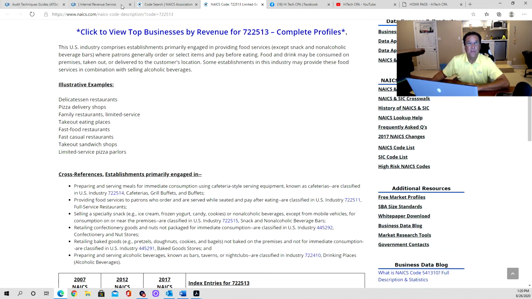Okay, hope that helped there. So I've been talking to you about the audit technique guides from the Internal Revenue Service. It is based on your NAICS code, and those are very specific on how an agency, and I have been referring to the Internal Revenue Service, but every state has its own state taxing rules, for sales tax or use tax, and then you've got property taxes.